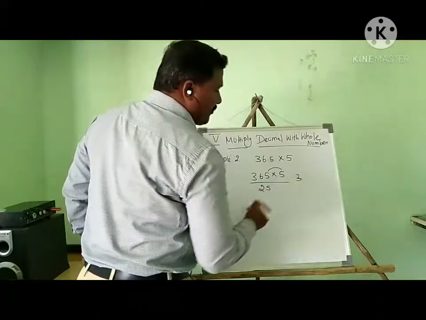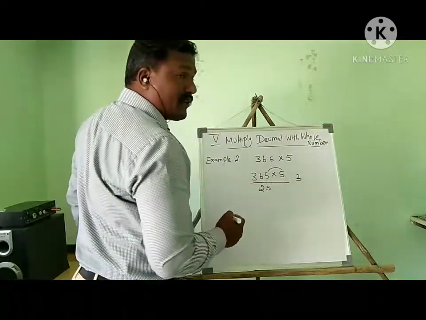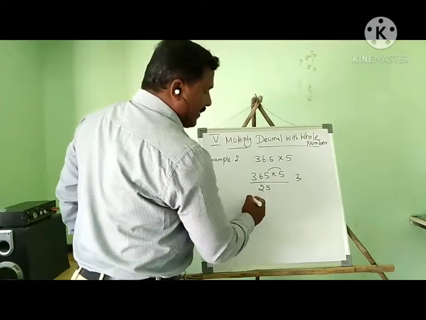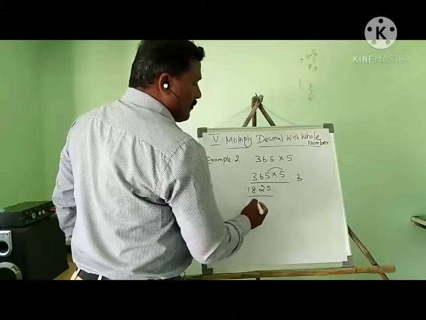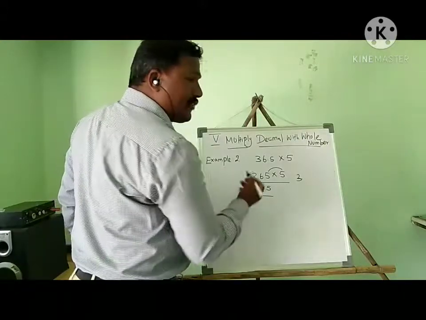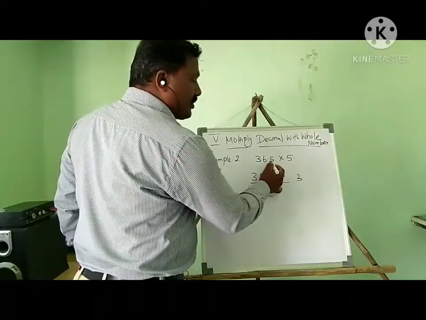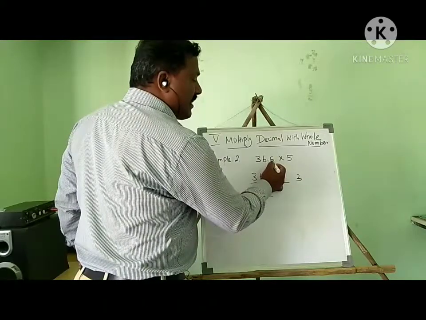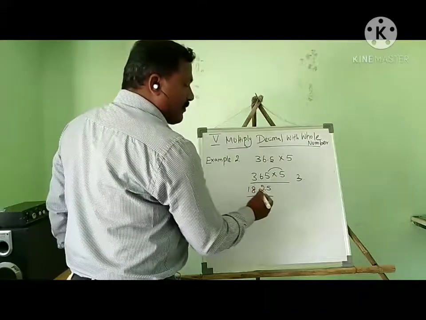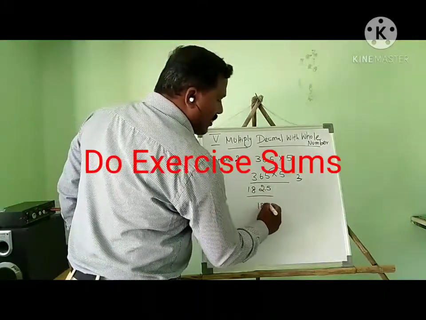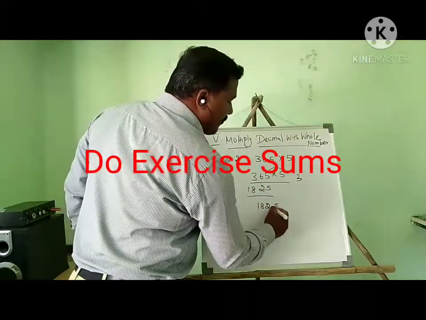Then remainder 3. 3 5s are 15, 15 plus 3 is 18. If you look at this answer, 1825. But the question has how many decimal places? Only one place. If you put it one place from right to left, the answer is 182.5.